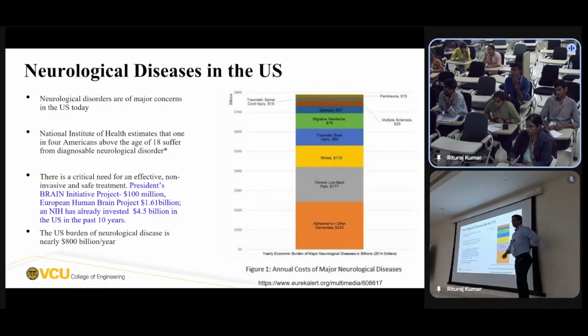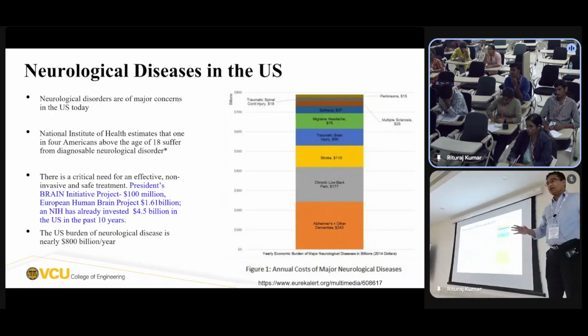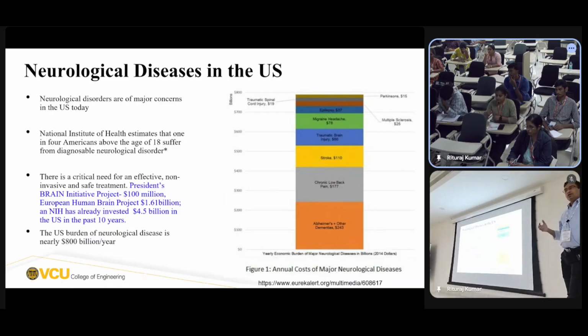Traumatic brain injury is 86 billion, and so on. So you got the idea. There is a lot of motivation, a real urgency to come up with a better understanding of the brain, hence better tools to change brain imperfections or to treat brain disorders.